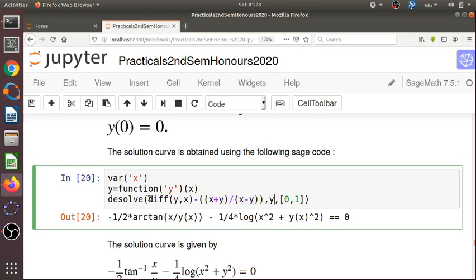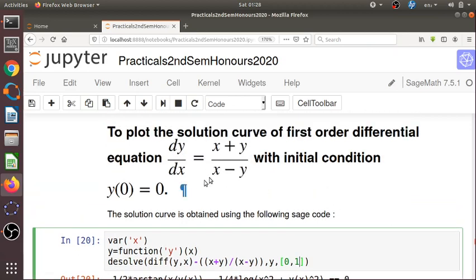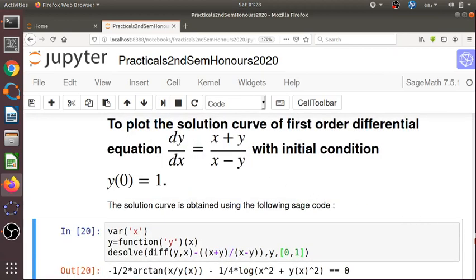Then comma y is given because y is the dependent variable here, and here we write the initial condition. Sorry, the initial condition here is y of 0 equal to 1. Please modify that, y of 0 is 1.